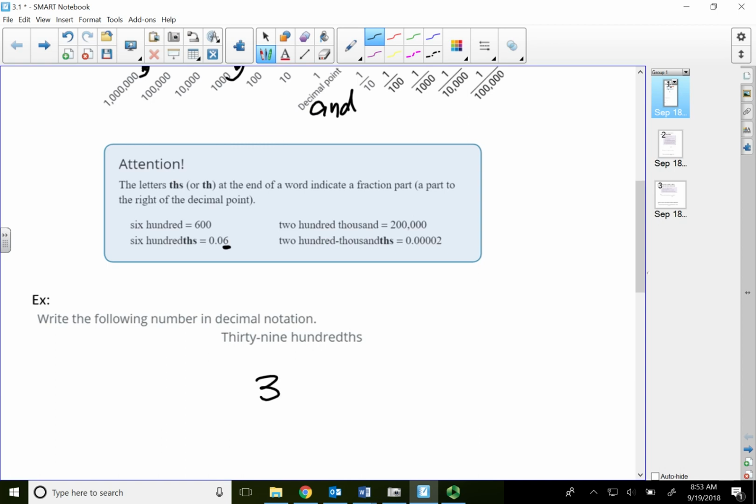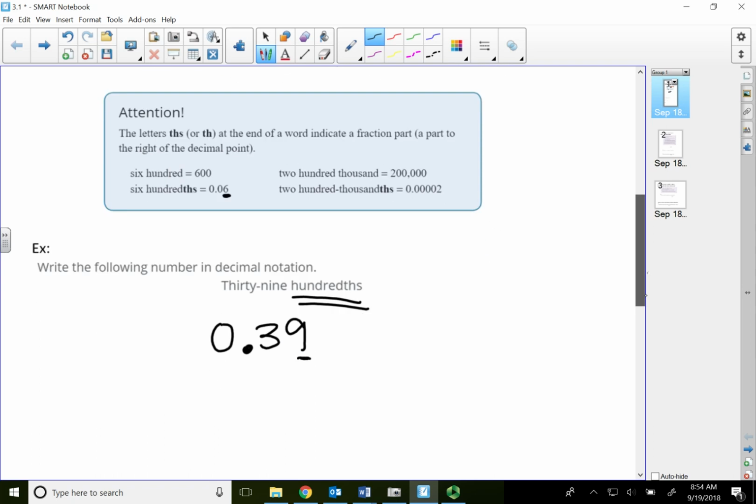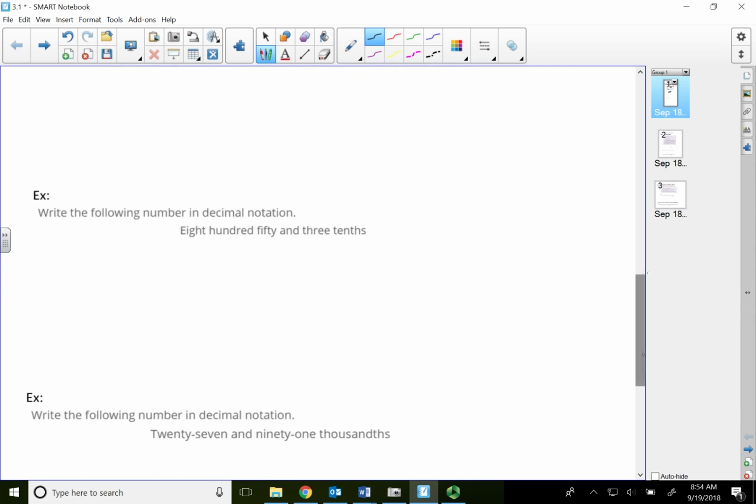So the 9 needs to be located at the hundredths position. The place before that has to be the tenths. So the decimal has to be right in front of the tenths position. So 39 hundredths will be 0.39, because the last digit is sitting on the hundredths position.